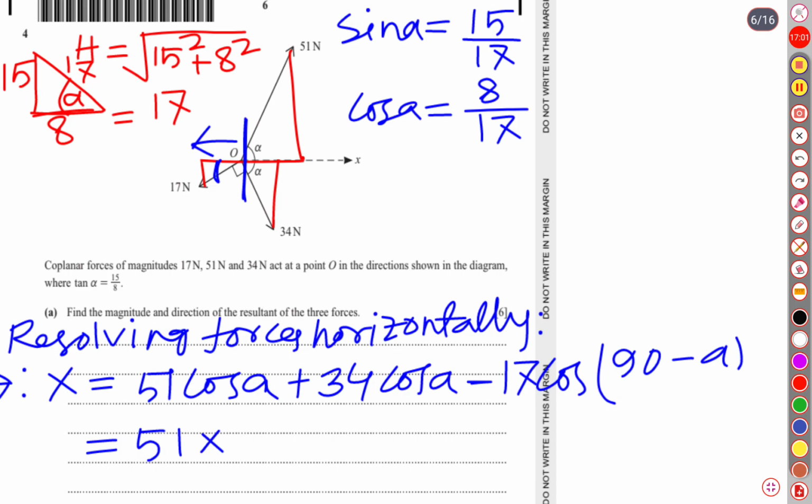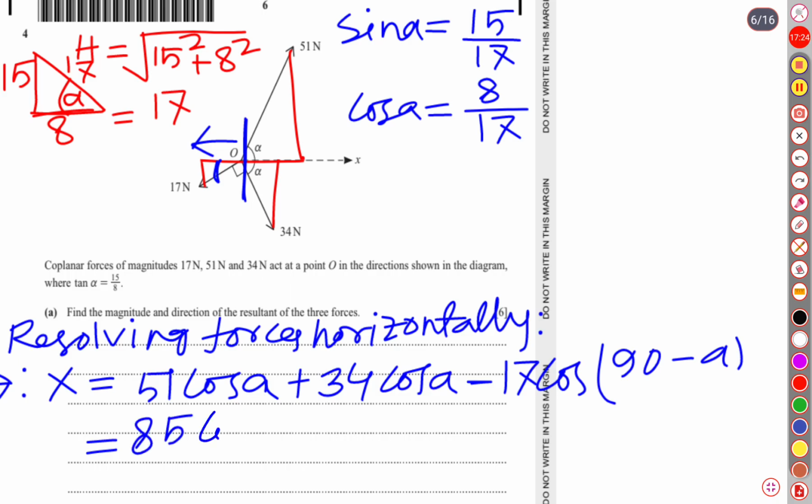Cos alpha is 8 over 17. Before writing this, we will have to expand one more line, because you are going to know why I am not applying the values over here. 51 plus 34 is 85.